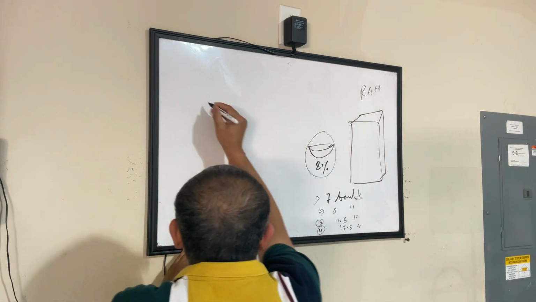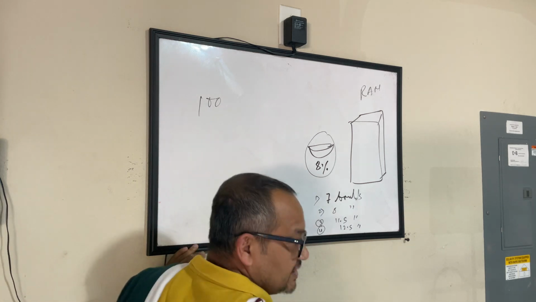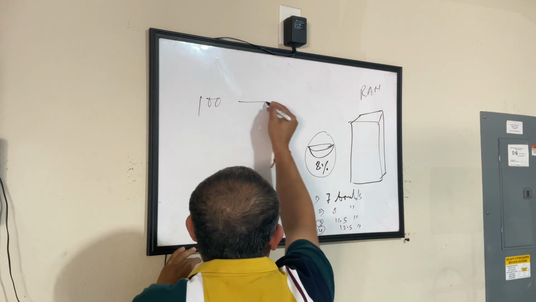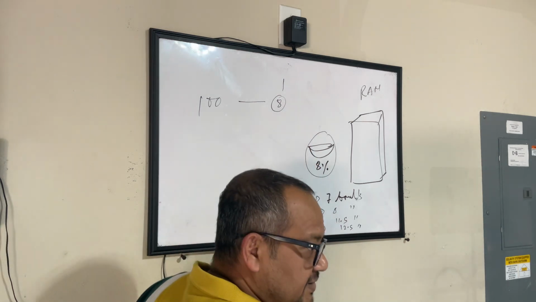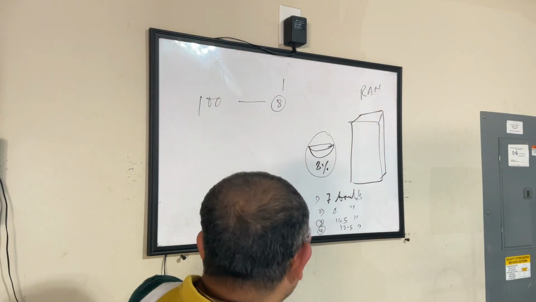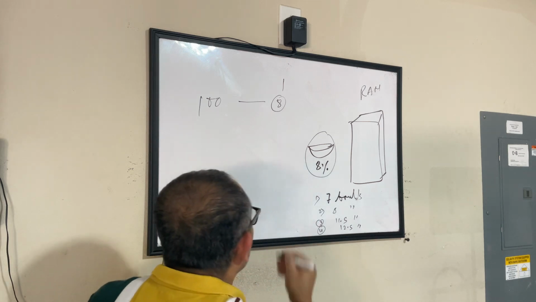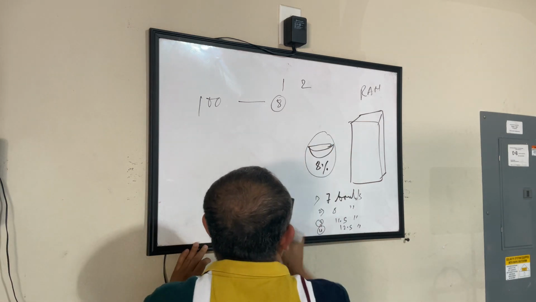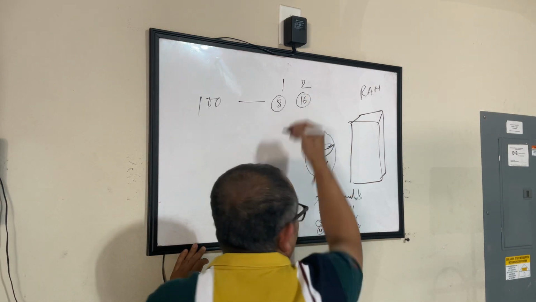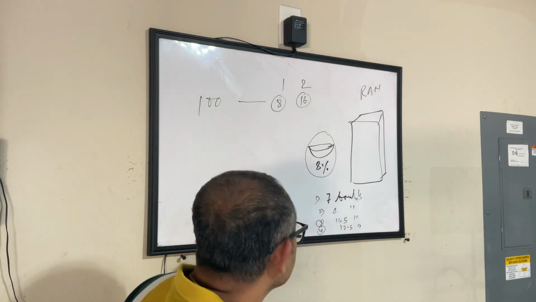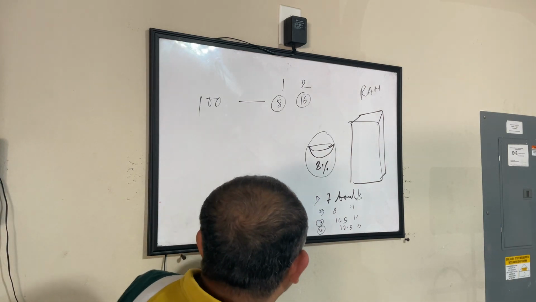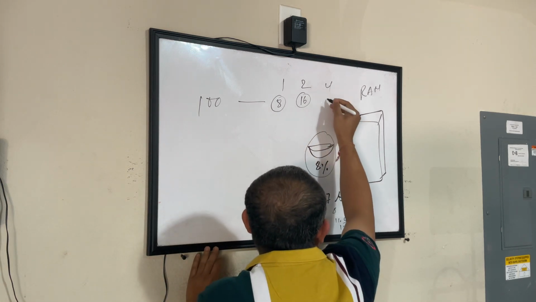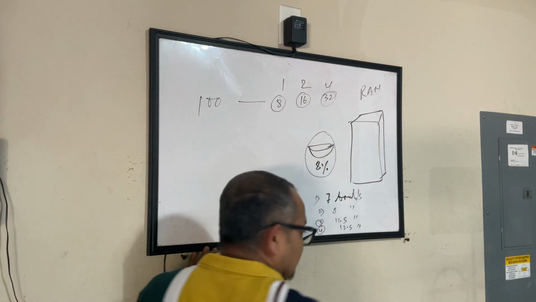So out of 100, if let's say there were 100 cereals in the box, one bowl took 8 out of it. 8 per 100. If he takes 2 bowls, he is eating 16 out of 100. And if he eats 4 bowls, he is eating 32 out of 100, 32%.